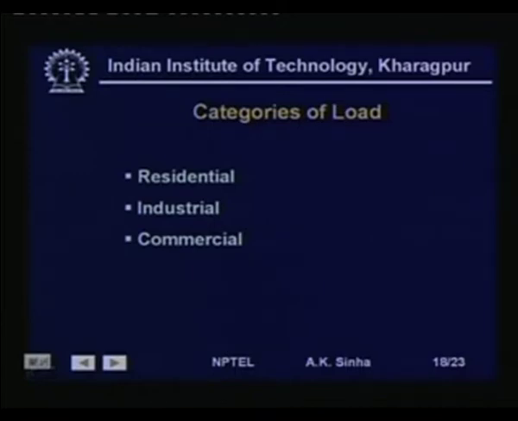So, what we can do is categorize the loads into different segments like residential, industrial and commercial, and for each one of these categories we can find out what is the percentage of various types of loads.